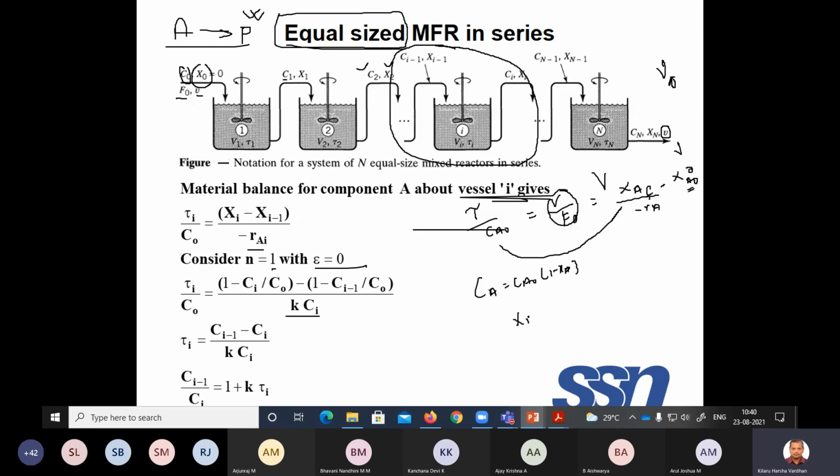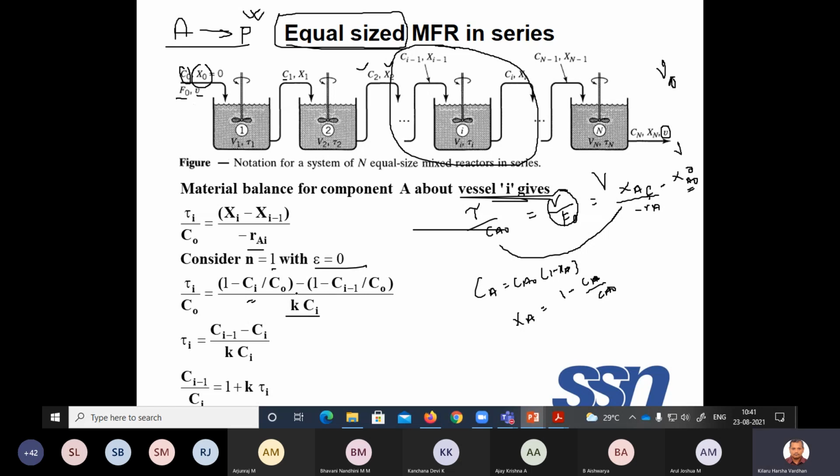From this we can write XA as 1 minus CA by CA naught. That is what I'm trying here. I'm writing in terms of i instead of A, for anything. That is why I'm putting i, right? 1 minus Ci by C naught minus 1 minus Ci minus 1 by C naught. That is for before the reactor, and this is for the ith reactor.